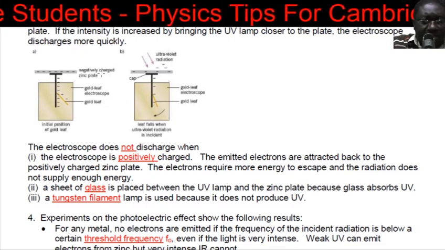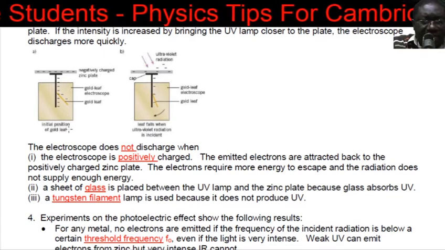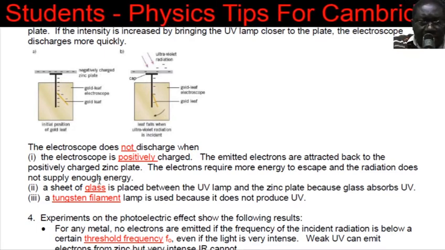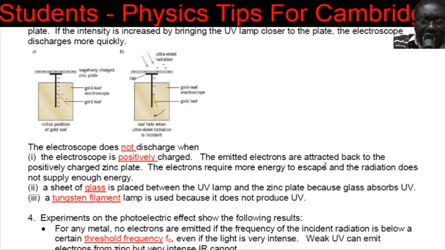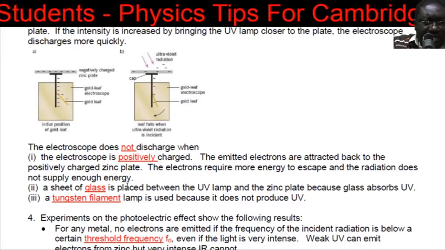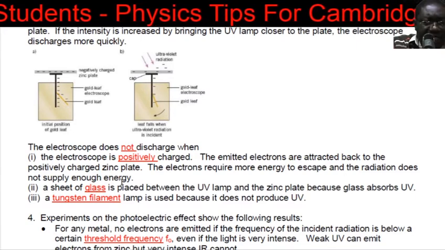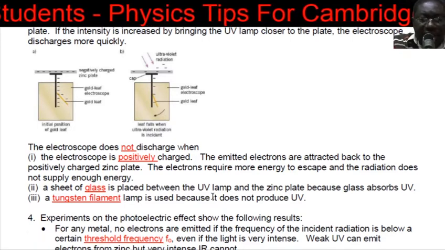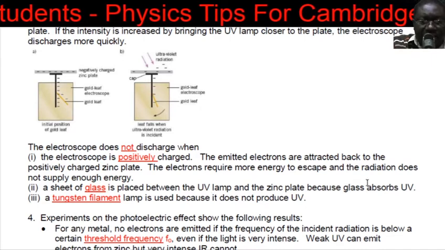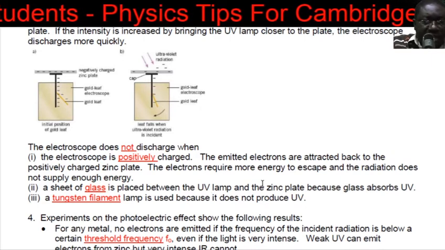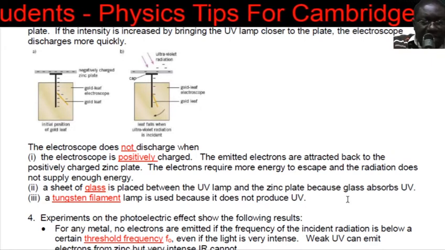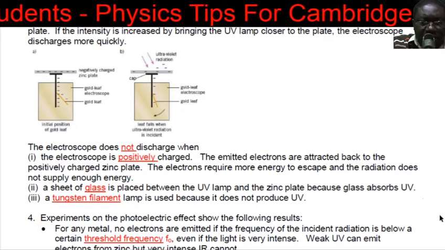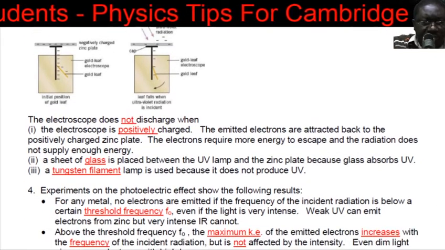That gives evidence for the photoelectric effect. Electrons require more energy to escape, and the radiation does not supply enough energy. A sheet of glass is placed between the UV lamp and the zinc plate because glass absorbs UV, so a tungsten filament lamp is used because it does not produce UV.